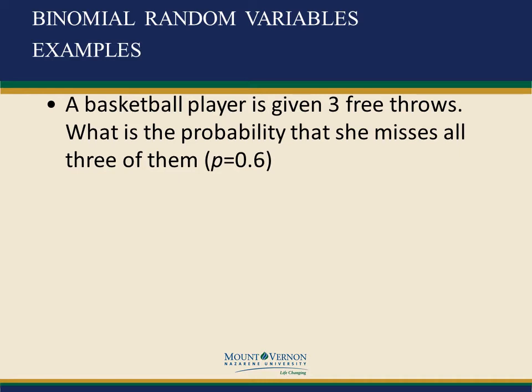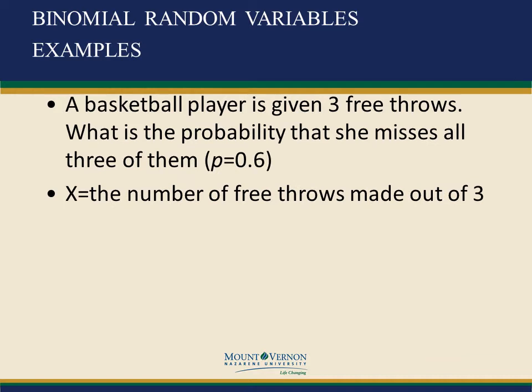And so I'm going to use the binomial PDF, or probability distribution function. Here, n is given as 3 because she is given 3 free throws. p is given as 0.6. That must be her free throw percentage. And x, the number that I'm interested in, is 0. We want her to miss all of them.